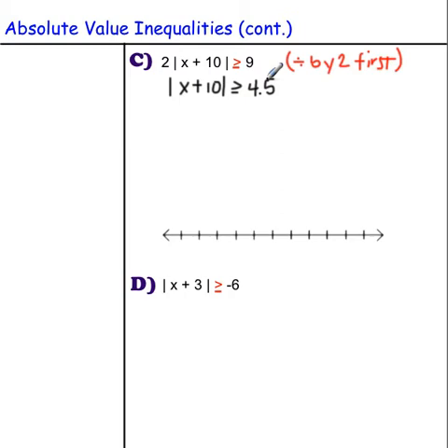So because this is greater than, this is going to be an or statement, which states that x plus 10 is greater than or equal to 4.5, which is our keep statement, or x plus 10 is less than or equal to negative 4.5. Then we can go ahead and solve these individually and graph them. Please feel free to go ahead and do so, and we can check those with us as a class tomorrow.